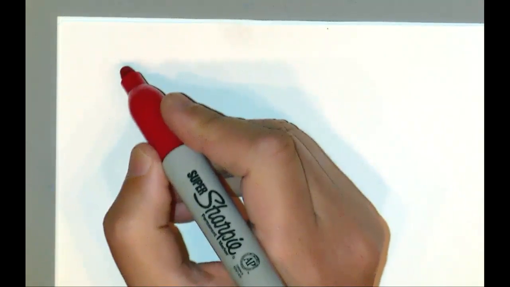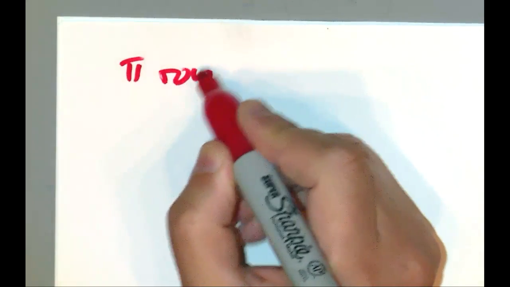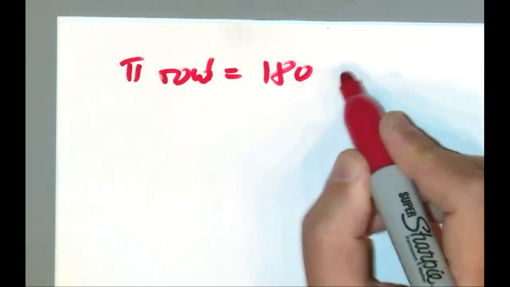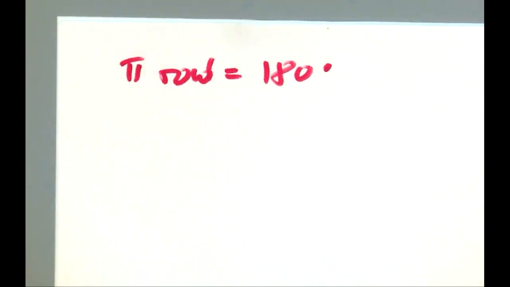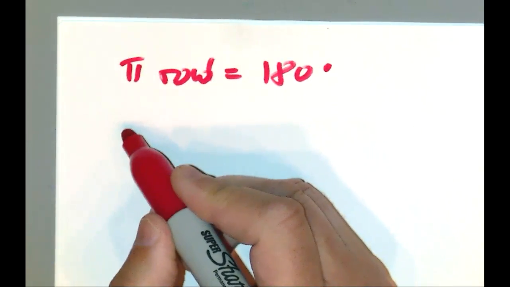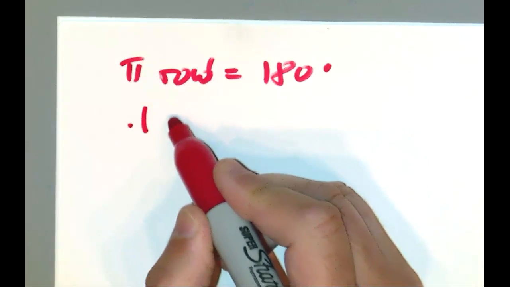The better conversion factor, which is always on the first page of the equation sheet, is pi radians, the same as 180 degrees.